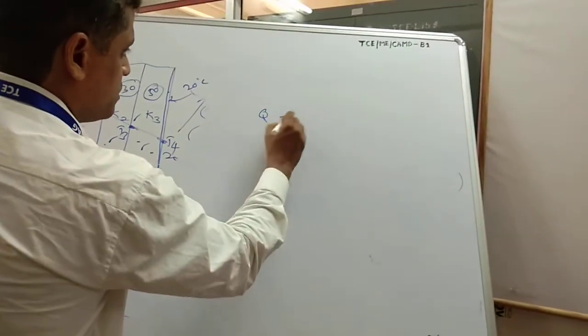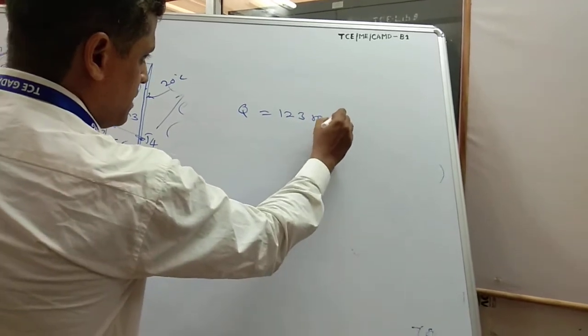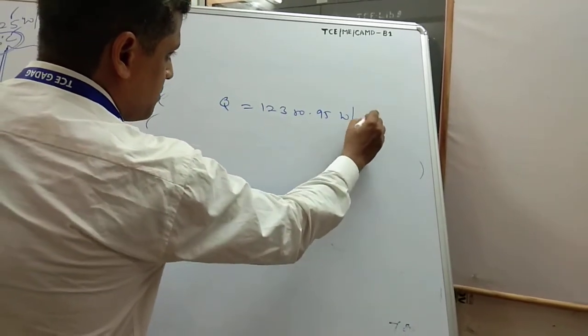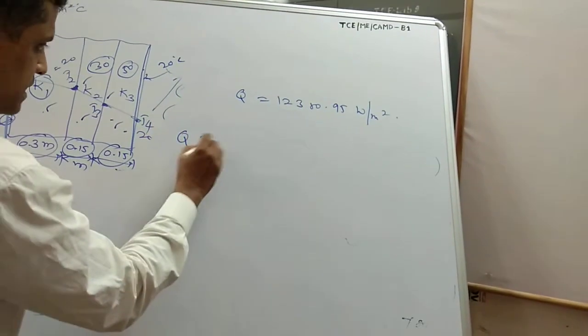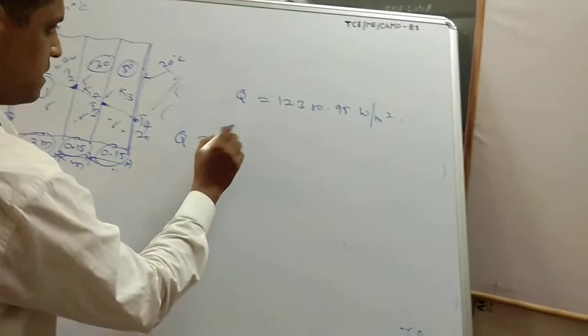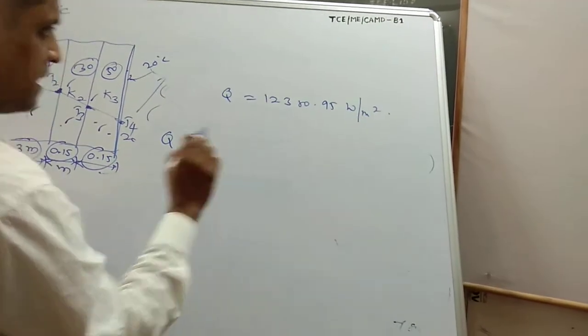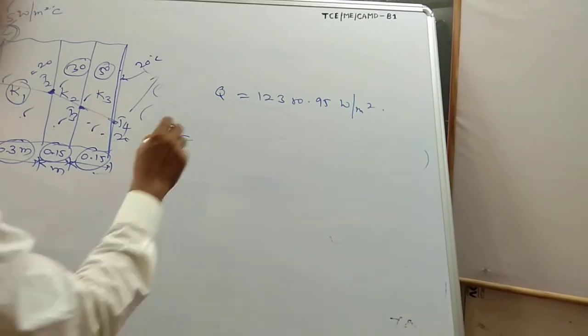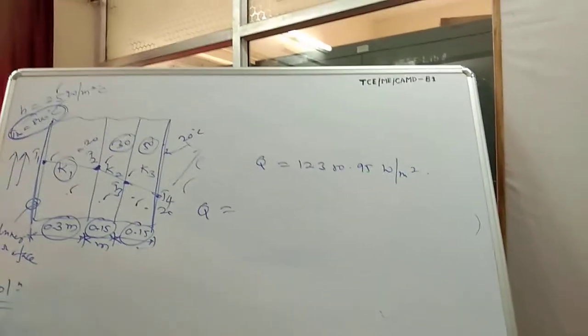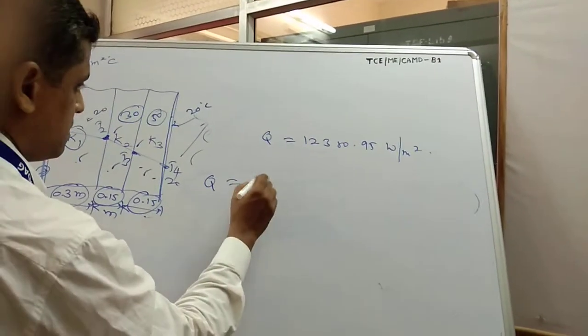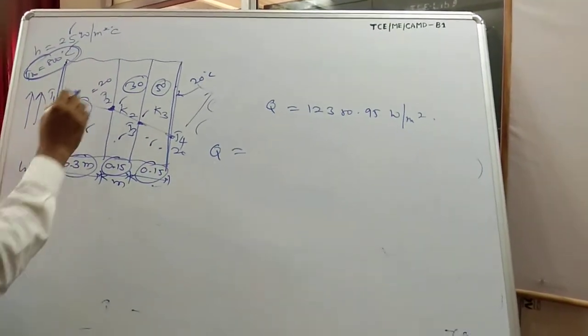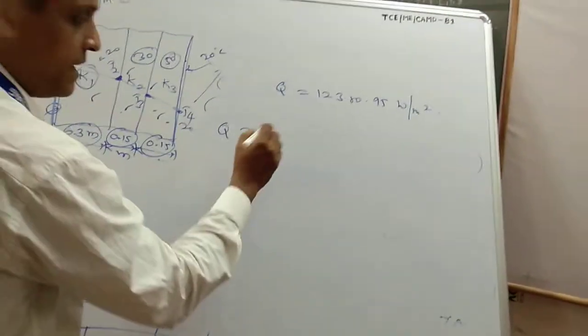Okay. We got Q is equal to 12,380.95 watts per meter square, and this Q, you know, is k delta T by thickness, that is k dT by dx, the equation for conduction. First I will write k by dx into dT.